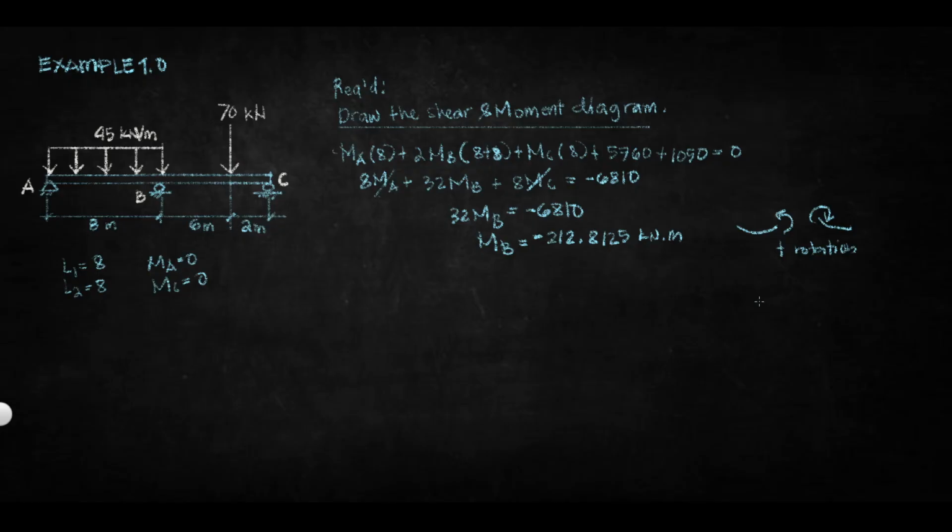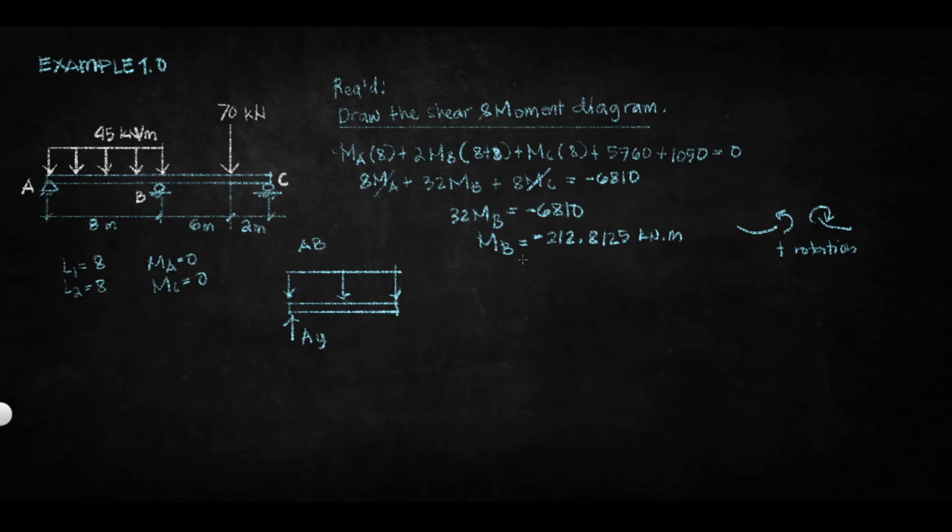Yan yung ating MB. So, now how can you determine the reactions? So, to determine the reaction, cut po natin yung span AB. Ito yung ating AY. Then we have here, let's say this is your segment AB. Consider natin segment. Of course, pag kinat na dyan, we have here the moment.